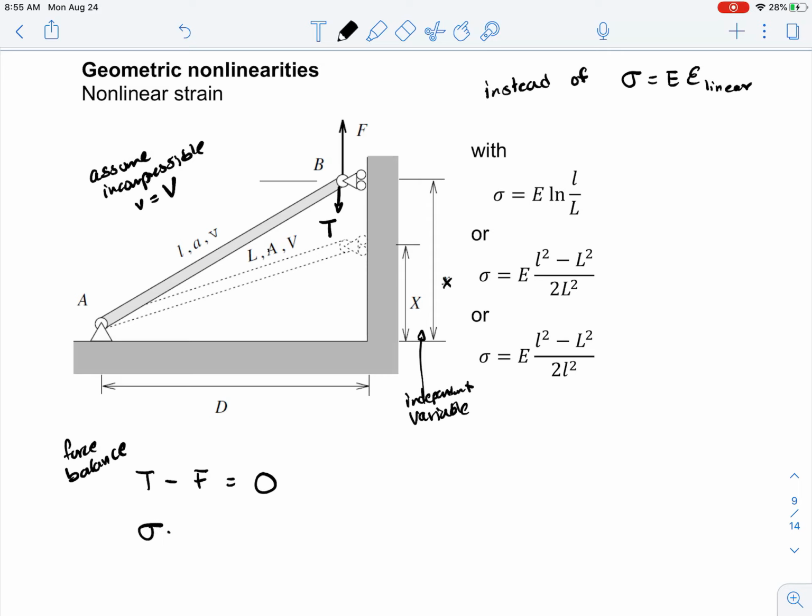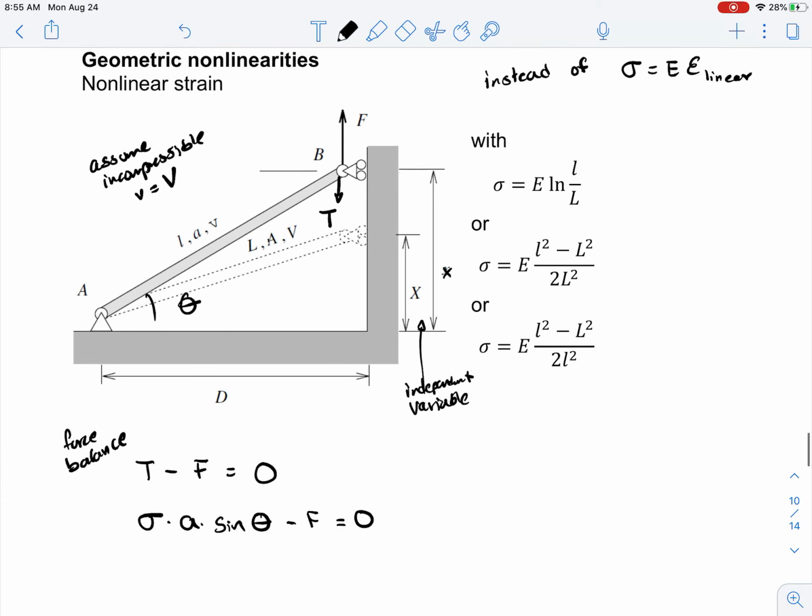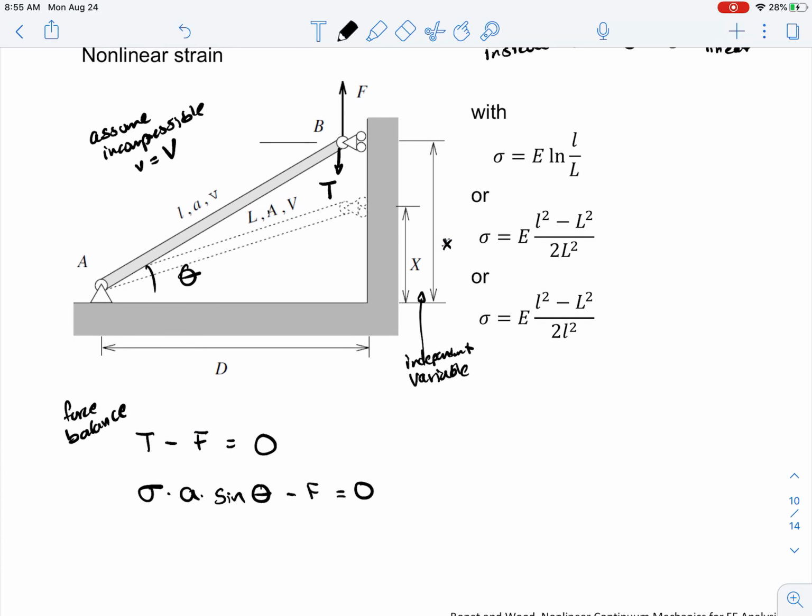So that would be the stress times the area, so that would be the force, and then times the sine of the angle theta, right? So that we get only the vertical component of the force. So that minus f equals 0, and then you can substitute, instead of sine theta, we want to put it in terms of x over L.